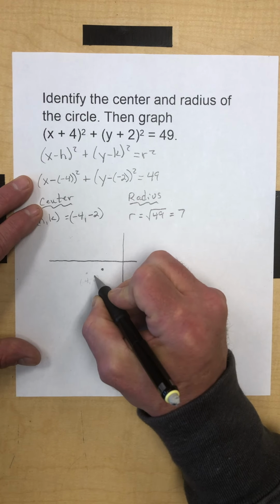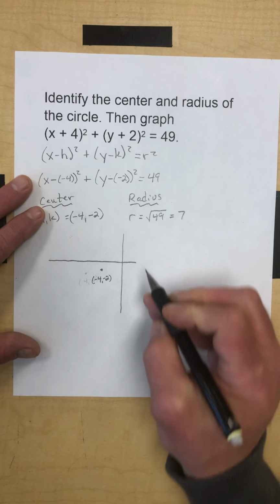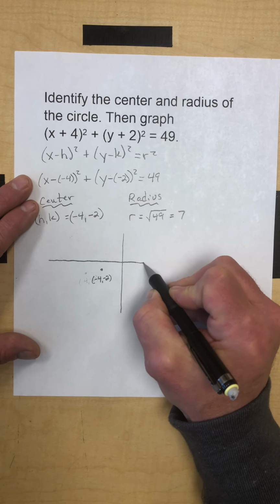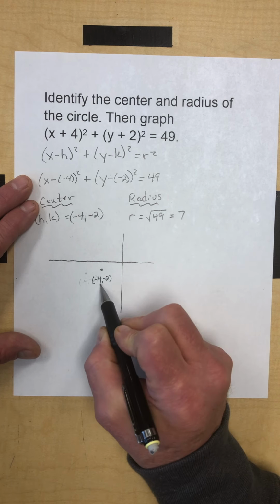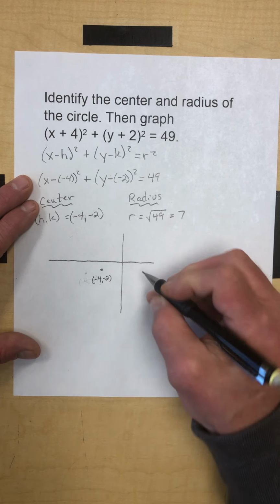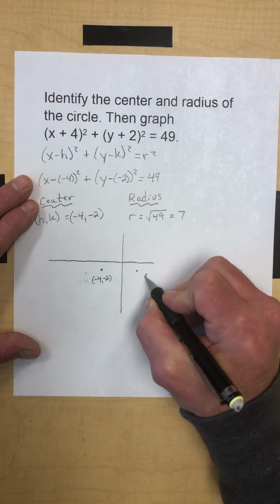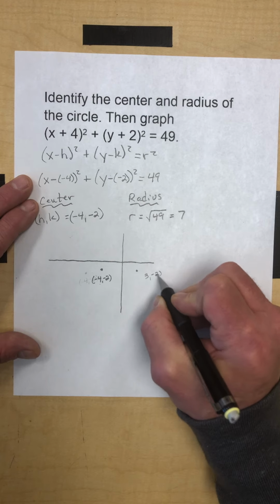So that is my negative 4, negative 2. If I go 7 to the right, I'd have to add 7 to the x-coordinate. Negative 4 plus 7 is 3, so that guy's going to be at 3, negative 2.